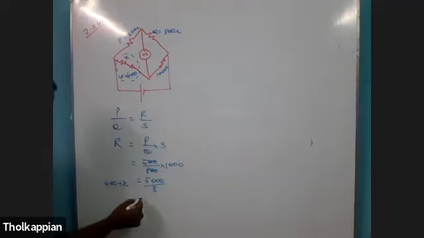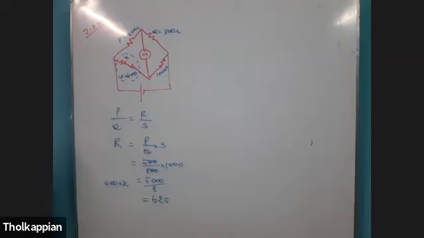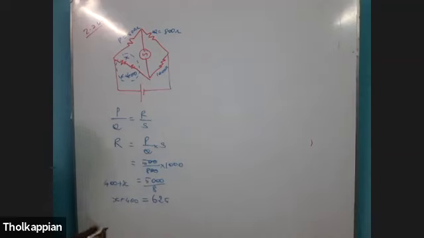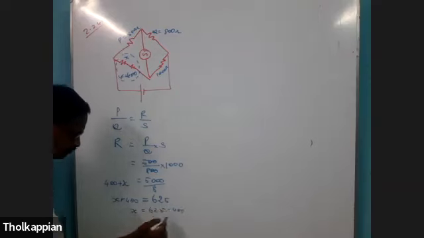So this became 625, if you cancel this. So X plus 400 is equal to 625, and the value of X is equal to 625 minus 400.